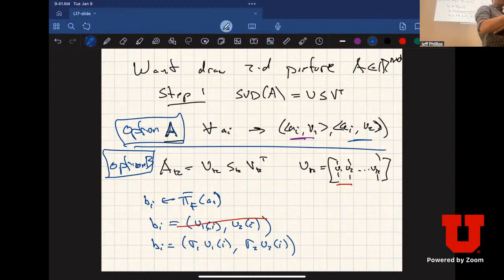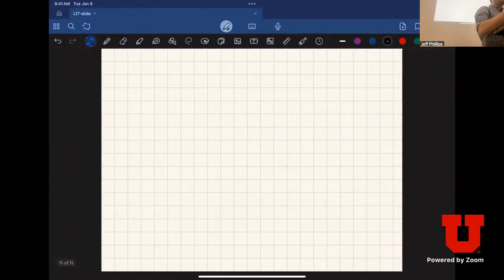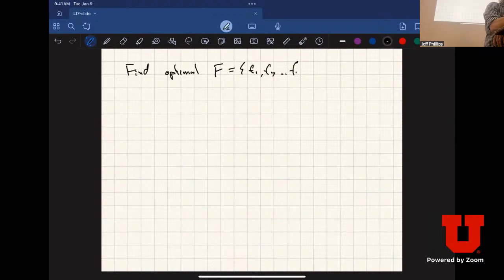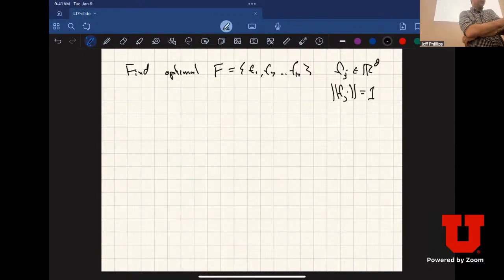Okay, I want to go back, and I still haven't solved the problem. I told you we almost solved the problem. I want to find the optimal subspace. We'll call this F1, F2, up to Fk, where Fj is going to be in Rd, and Fj will be a unit vector.